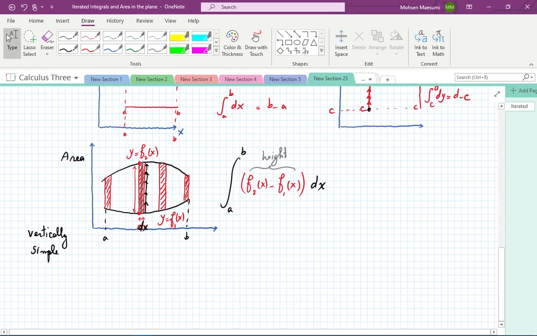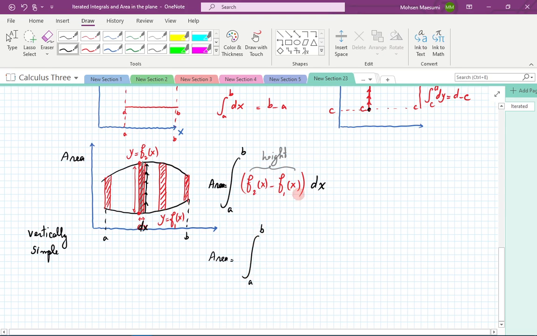So here I say this area, the area between two curves that I was calculating in this fashion in Calculus 1, was written like this. I modify it to the following just to prepare for more advanced topics.